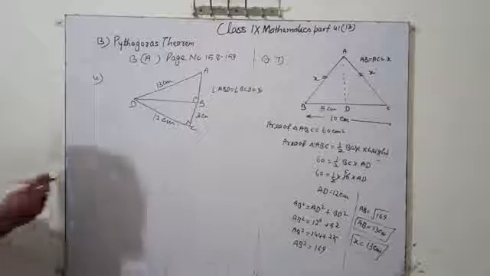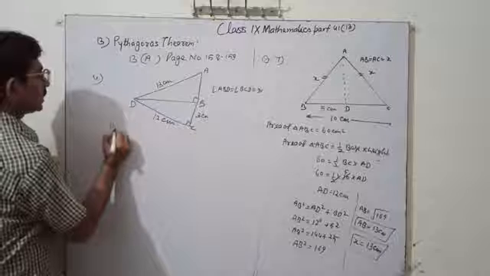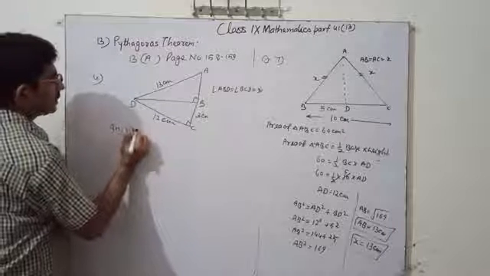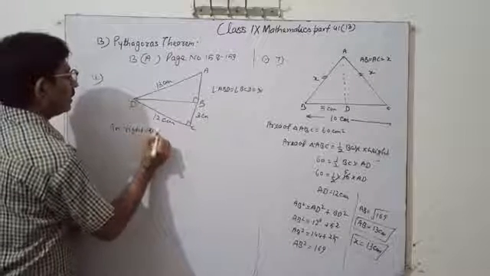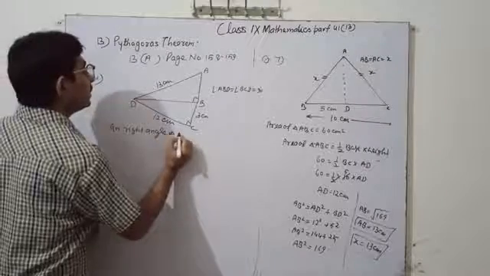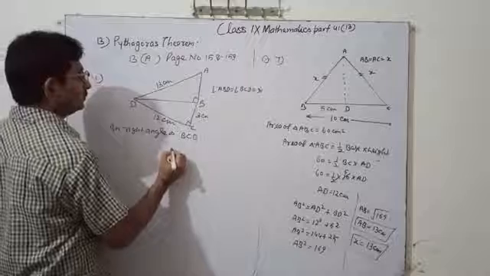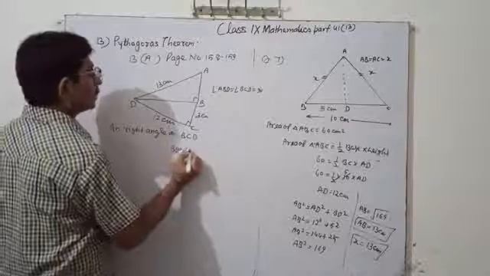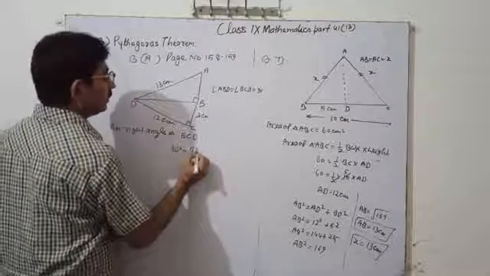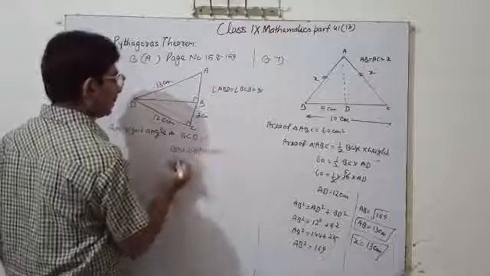Therefore, now in right angle triangle BCD, BD square equal to BC square plus CD square.